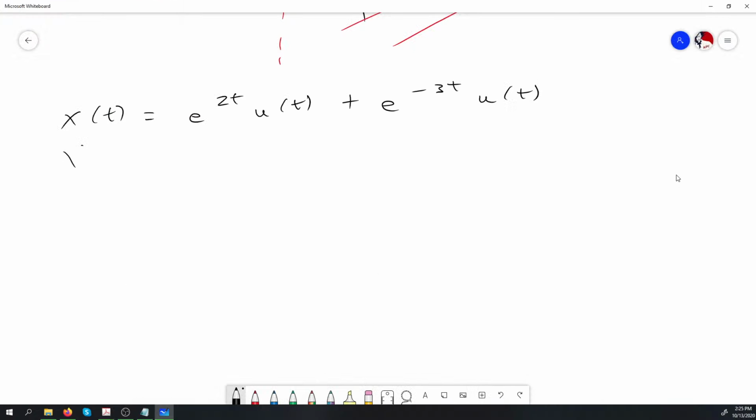If we take the X of s of this, so we get this into the Laplace transform, this here is going to be 1 over s minus 2 plus, typically if we didn't have this u of t signal here, this would transform to 1 over s plus 3.